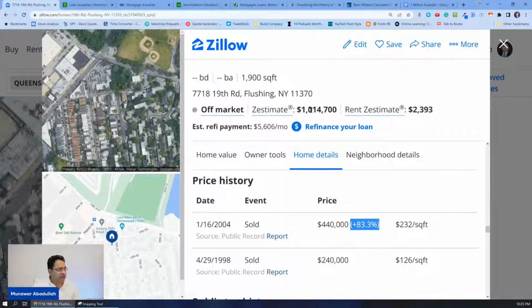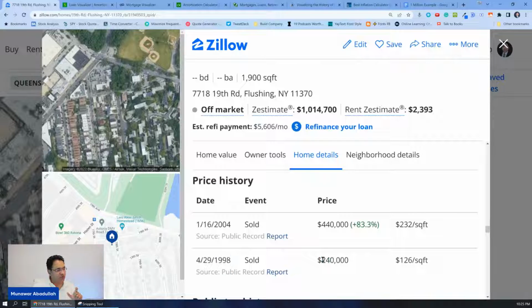And then if you look at the current Zillow estimated price, this home is worth about 1 million US dollars. I wanted to make it 24 years, and that's why I picked this example.